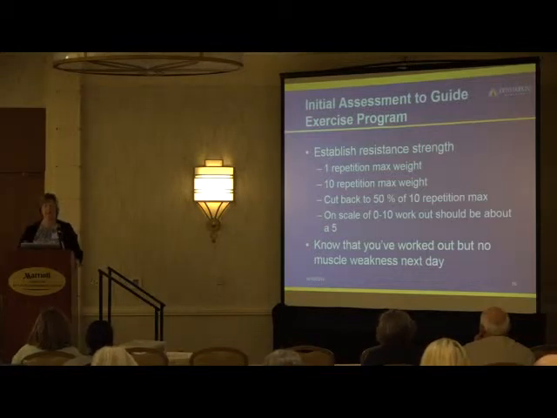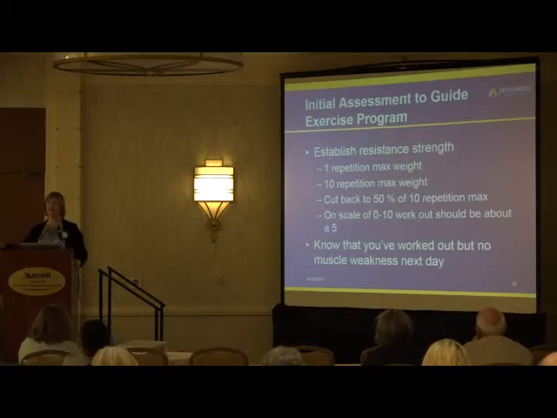Then they look at your 10 repetition max weight, doing very good form. How much weight can you use doing 10 reps of that particular exercise? And then looking at that weight, they cut that back by 50%, and that is your starting point for your exercise strengthening portion.